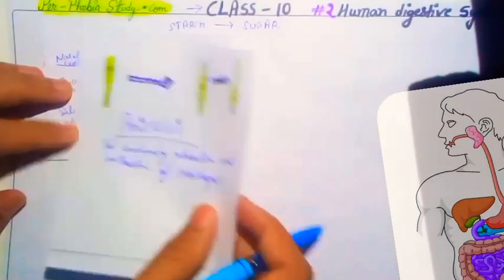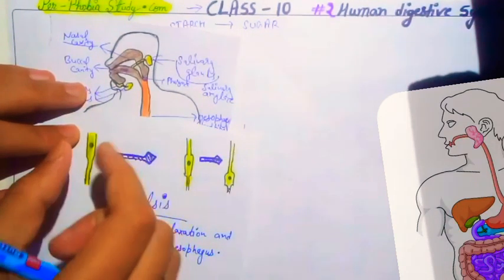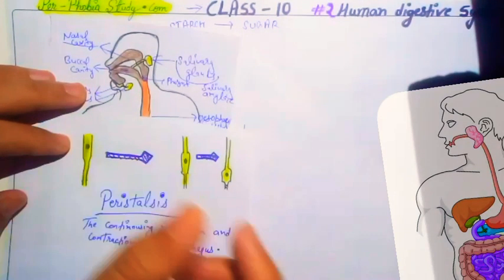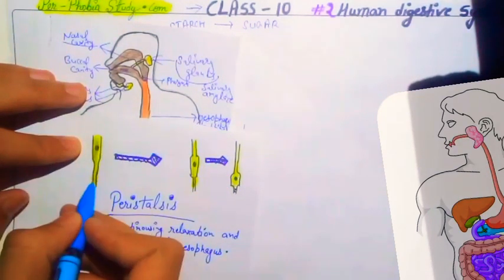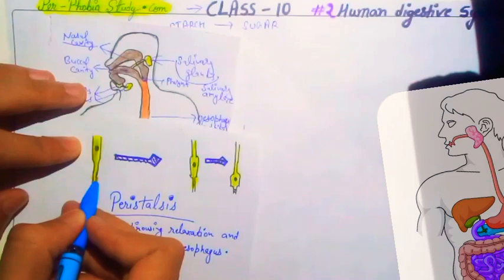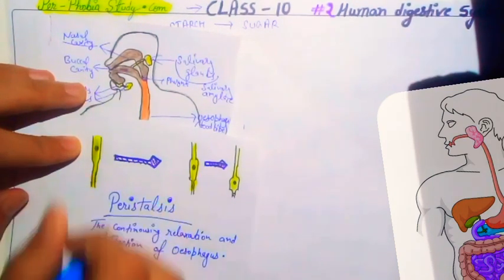When the food reaches the first part of the esophagus, it expands, or you can say relaxes, and the next portion contracts.